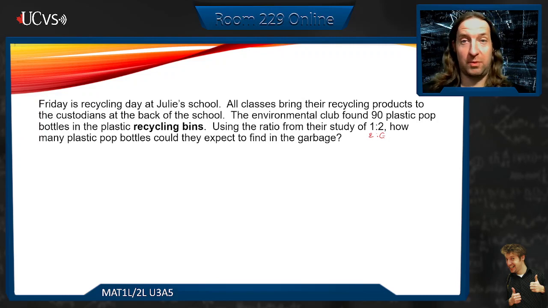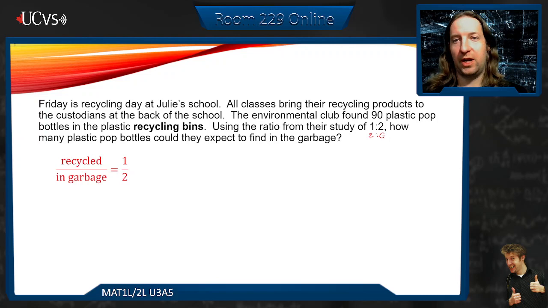So let's make this proportion. The first thing we need to do when we solve these problems is rewrite the ratio as a fraction. Instead of writing it side by side, we're going to write it on top of each other. So we're going to write that as 1 over 2, not 1 colon 2.